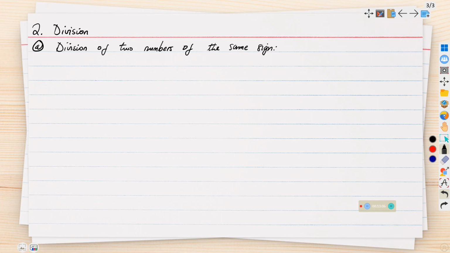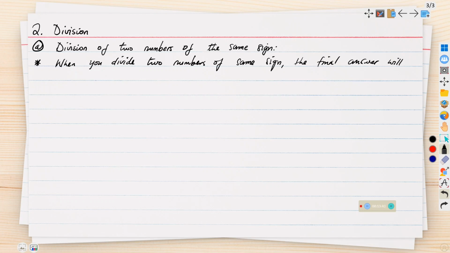So the rule is that when you divide two numbers of same sign, comma, the final answer will always have a positive sign. That is it, positive sign.